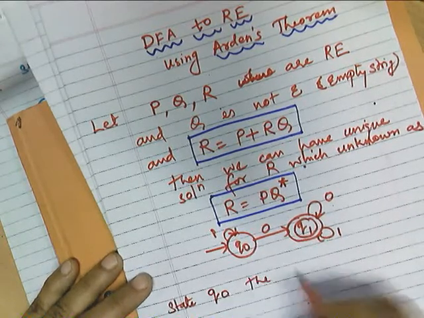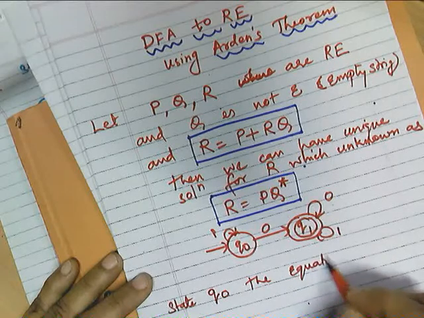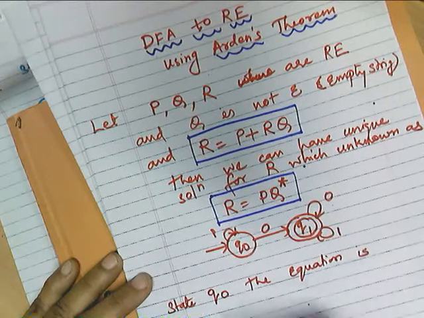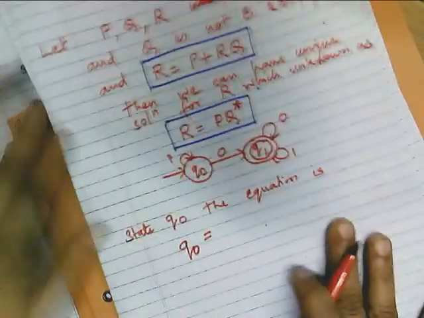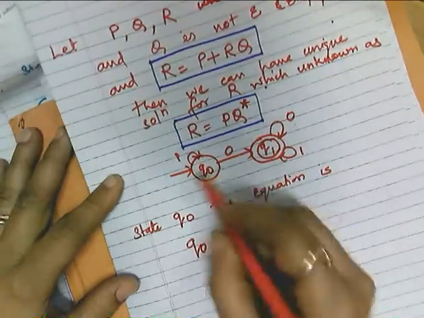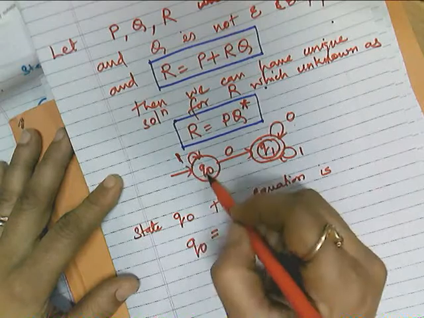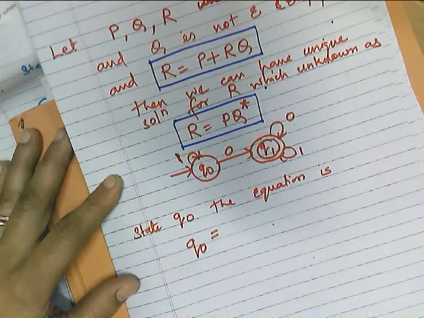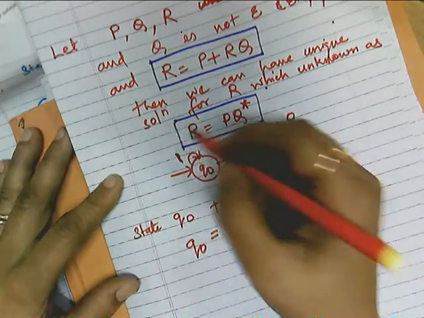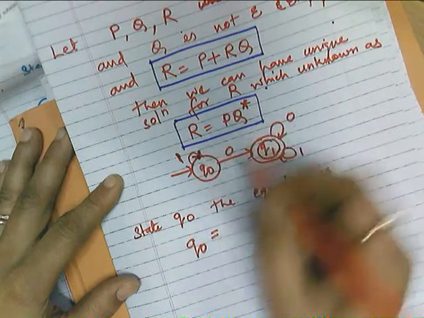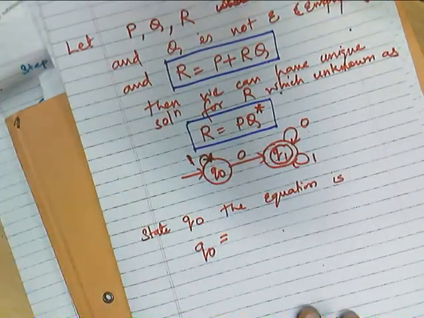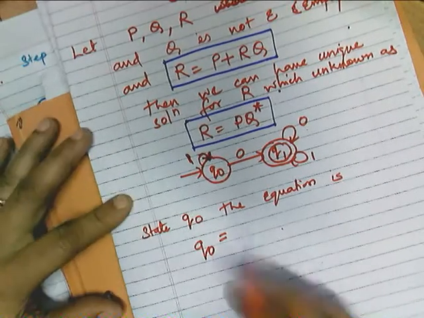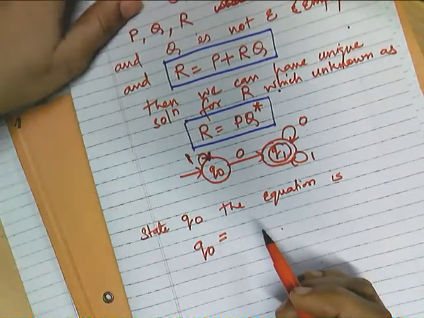What is the equation? It will be Q0 is equal to whatever incoming edges come to this Q0. How many incoming edges are there to this Q0? Only one. Any more incoming edges? There are no more incoming edges. There is only one incoming edge here.